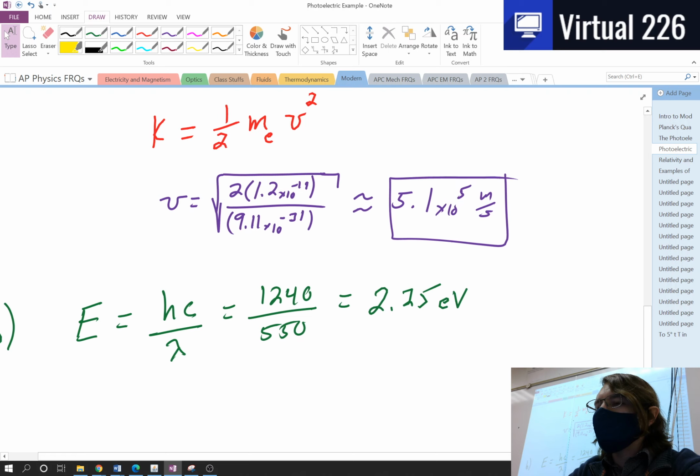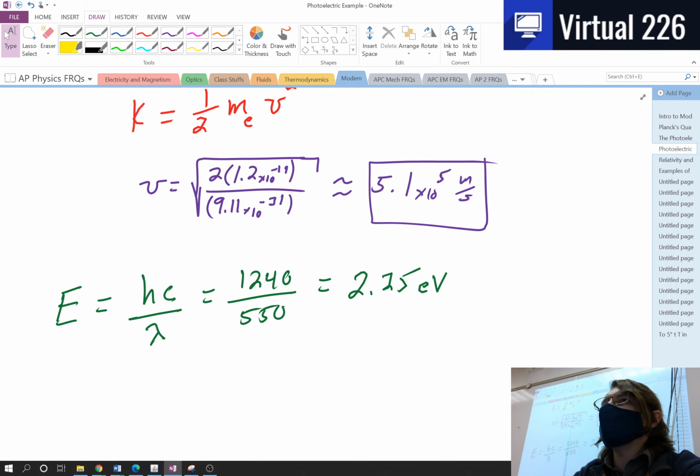Notice here that the energy given by the photon of light is less than the work function. This means that no electron will be released from our sodium salt plate, which means there's no kinetic energy.